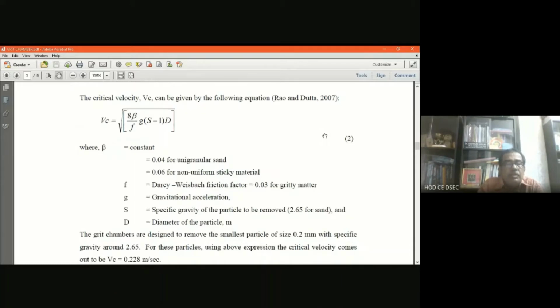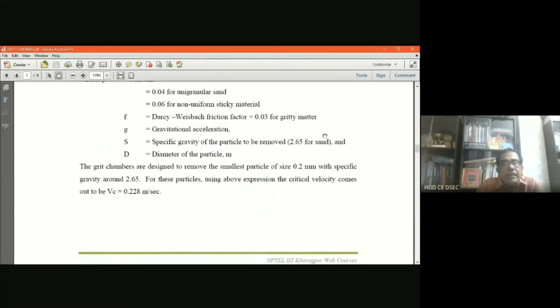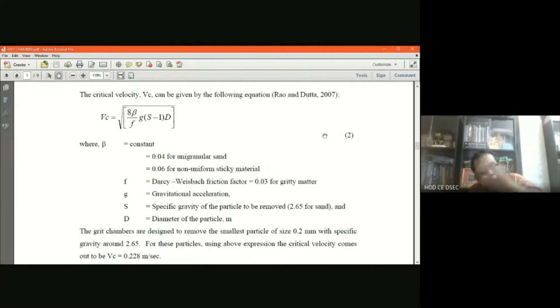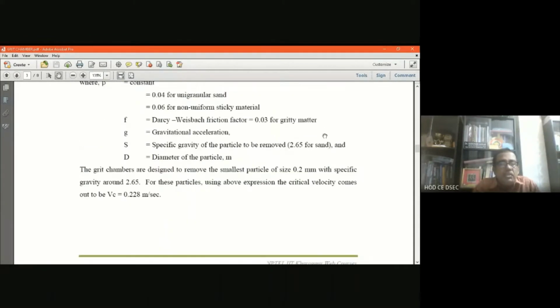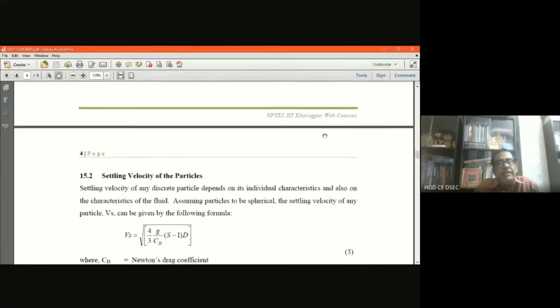The grit chamber is designed to remove the smallest particle of size 0.2 millimeter with specific gravity 2.65, the sand specific gravity. Substituting all the values, the critical velocity comes out as 0.228 meter per second, and that value has to be remembered.